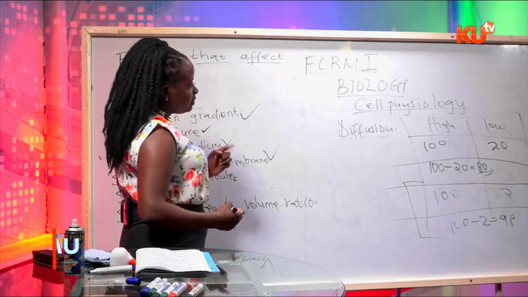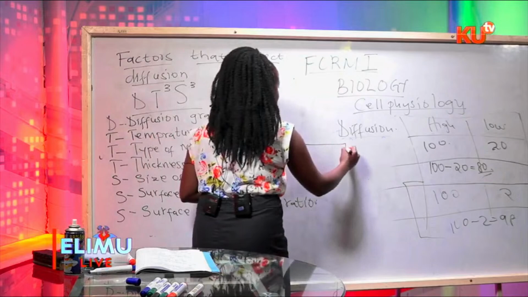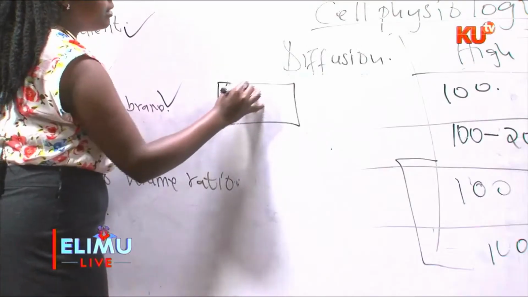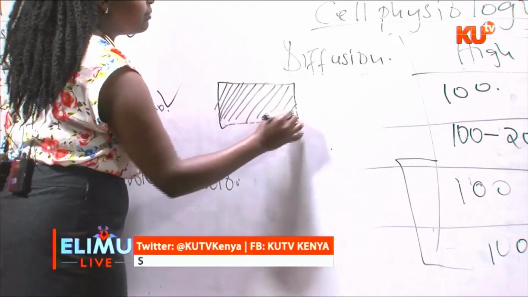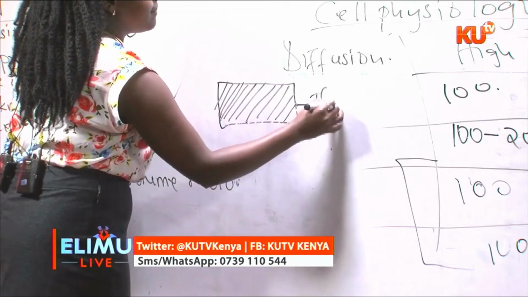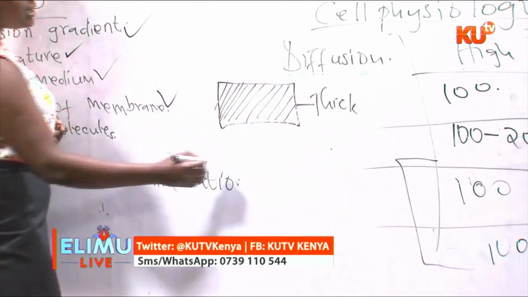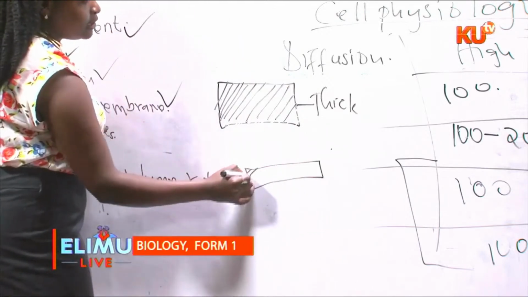The first one will be a thick membrane. Thick means that the space in between the both sides is great. Now this is a thick membrane. And we have another membrane that is thin. Thin, like this. It is thin.